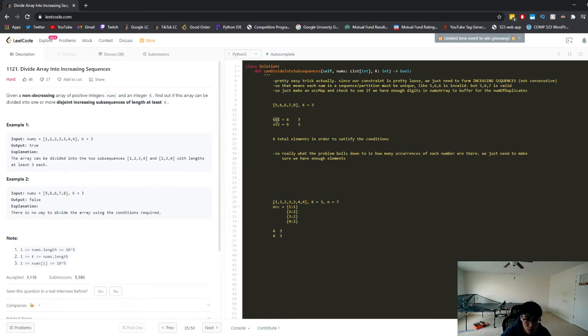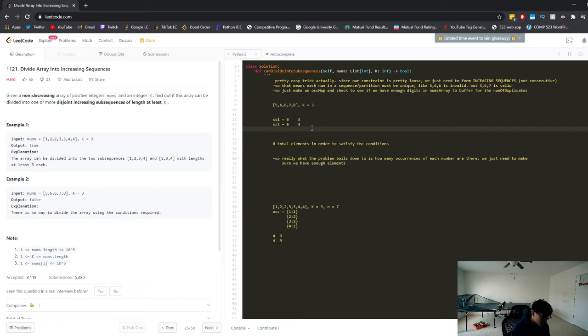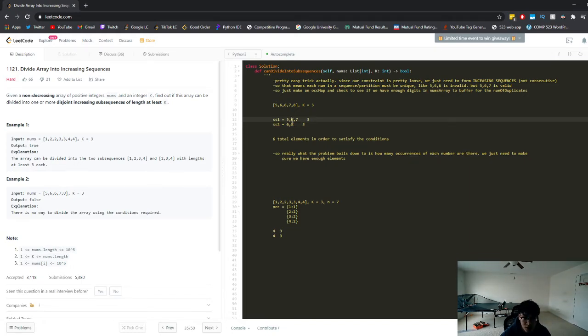So for subsequence 1, we know we need at least 2 subsequences because 6 has 2 occurrences. If 6 had 3 occurrences, then we'd need a third subsequence with a 6, and then we can build off of that. We can have the 5, 6, 7, then we can have a 6 and 8 here. So if we have 2 6s, we need at least 2 subsequences.